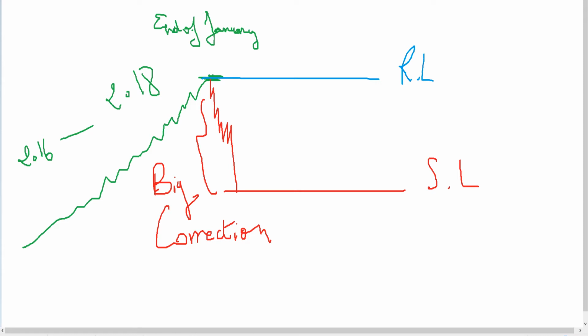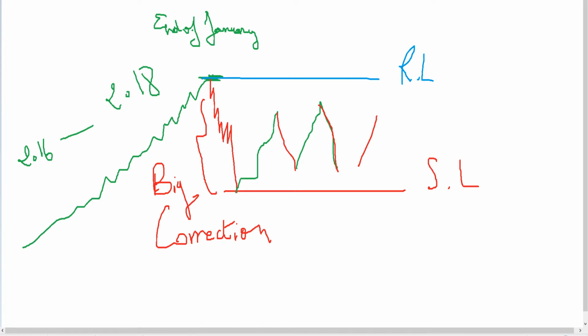Now here, what you see are other corrections. As you can see in the market, other corrections going down and up. Like this.